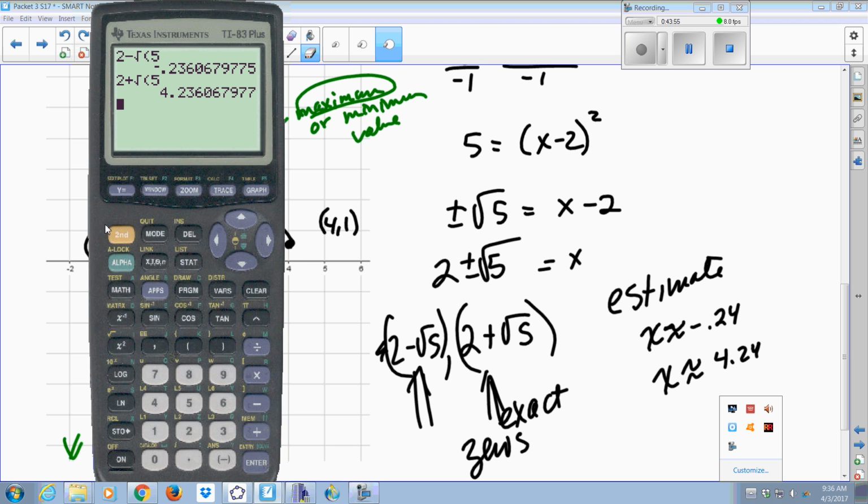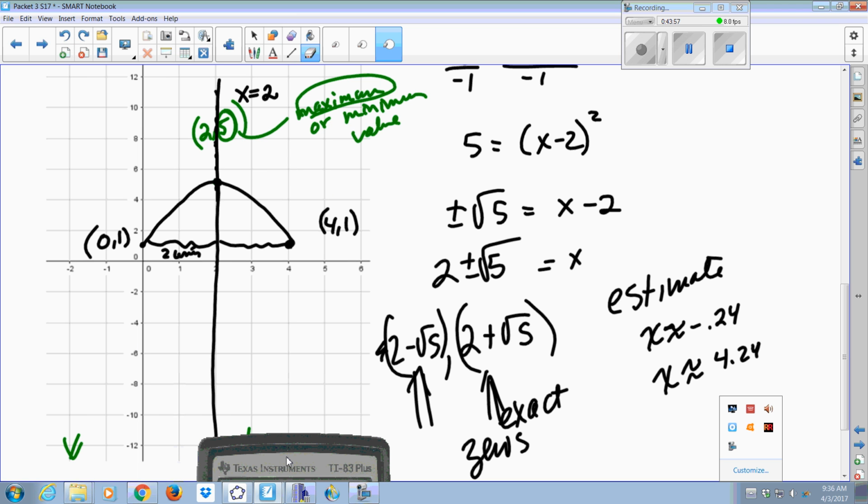So all you do now is you just say, okay, best I can do is estimate it. So I'm going to say there's negative 0.24 and here's positive 4.24. And then you just come down, boom, boing, and you're done with the sound effects. Boing, boing.